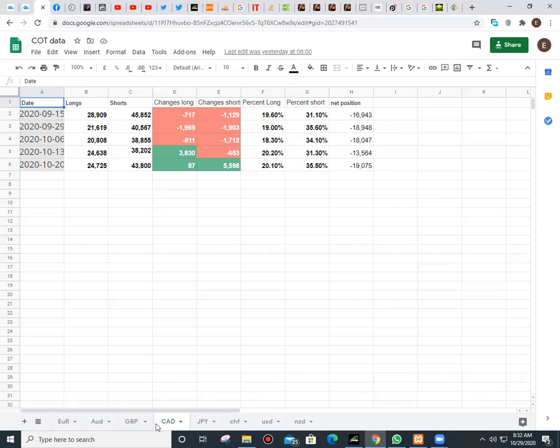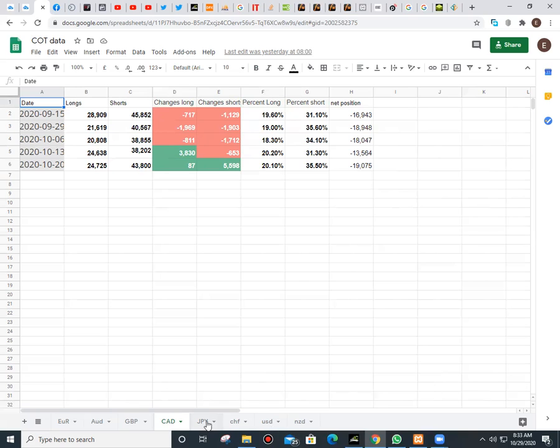If hedge funds or the big banks are selling the CAD in USD CAD, you're supposed to buy the USD, selling the CAD. But in CAD USD, shorts mean they are selling the CAD and buying the USD. So that is why I'm saying the people who capitalized on USD CAD, the CAD was weak compared to USD, and this can be seen here.